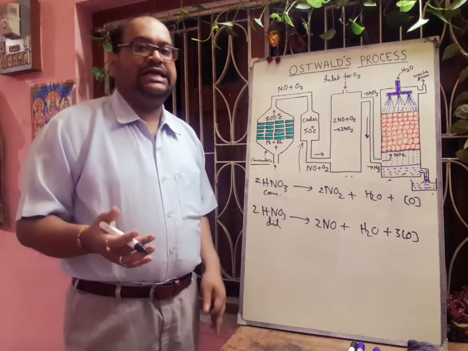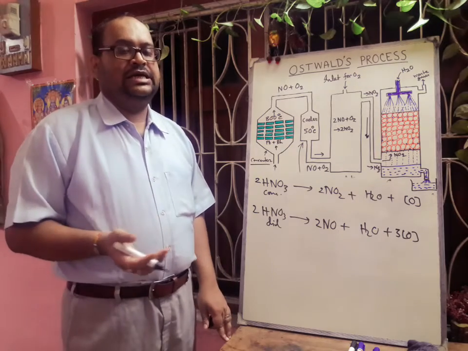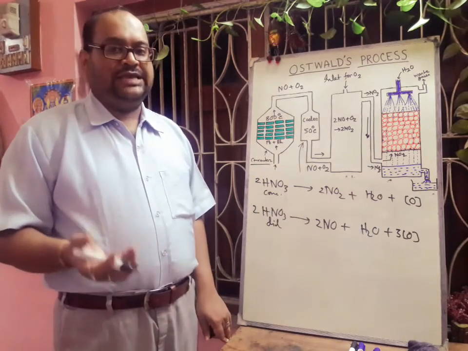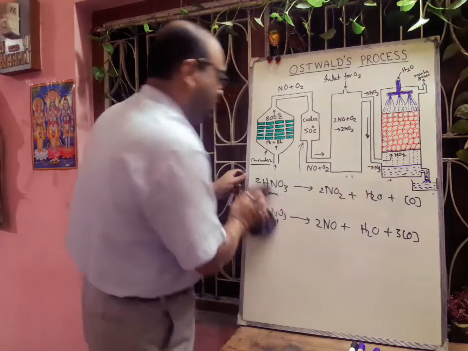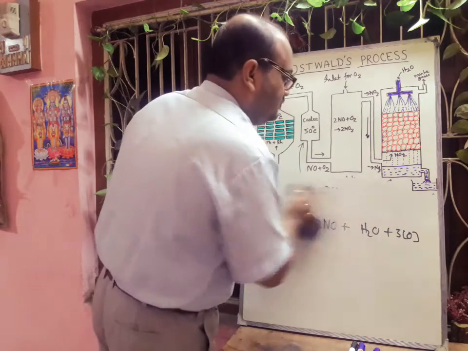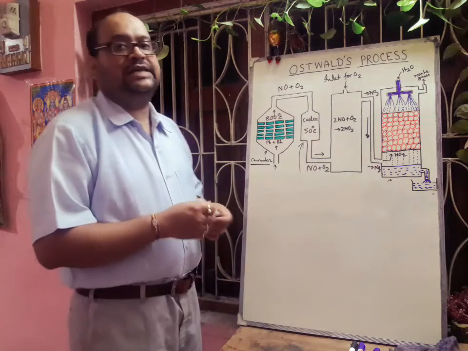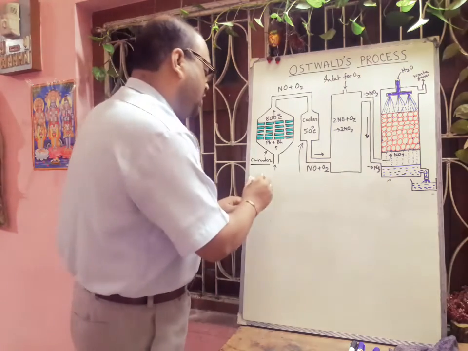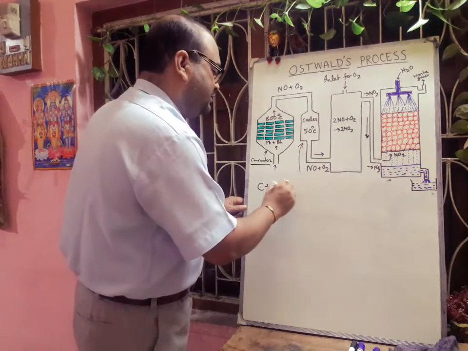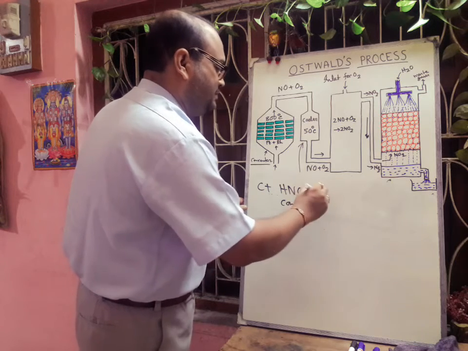When concentrated nitric acid reacts with carbon, it will oxidize carbon to carbon dioxide, sulfur to sulfuric acid, and phosphorus to phosphoric acid. If we write the reaction, then you can understand. First, we discuss the reaction with carbon. So carbon will react with nitric acid, that is the concentrated nitric acid.